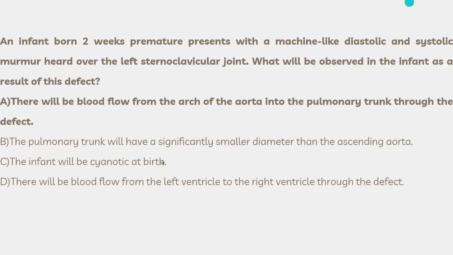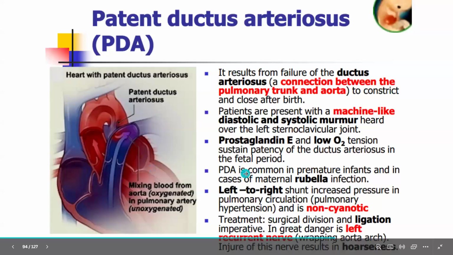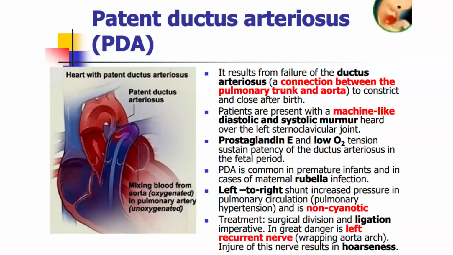And these other choices are incorrect too. D, left ventricle to the right ventricle through the defect, is referring to a ventricular septal defect. And C, the infant won't be cyanotic, as mentioned in your lecture, because cyanosis is where the blood doesn't have enough oxygen in it, and there is not significant mixing of deoxygenated and oxygenated blood.